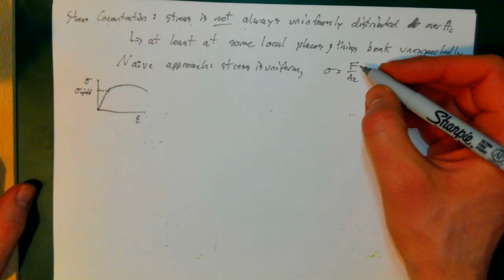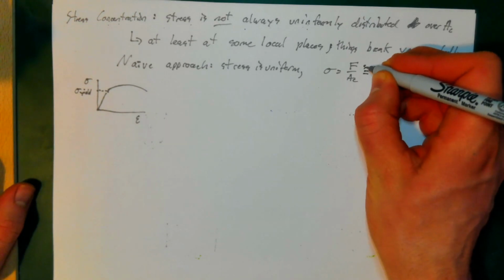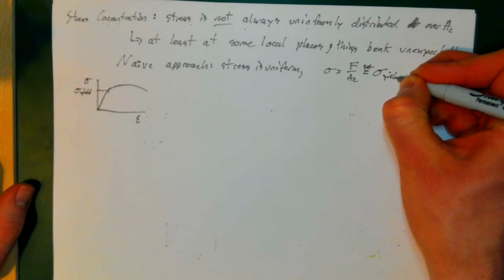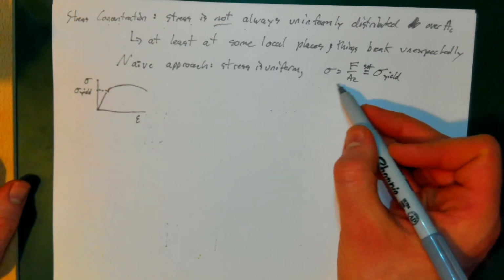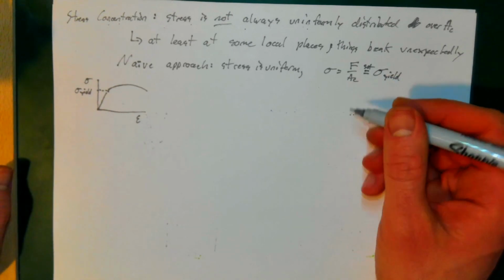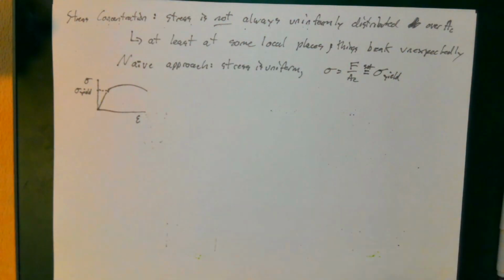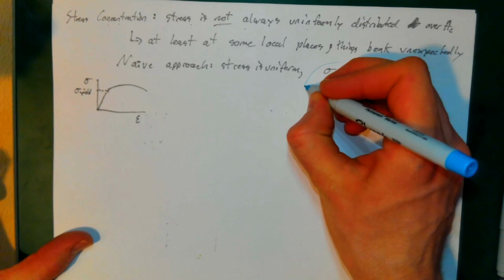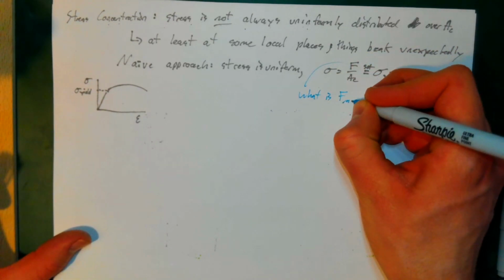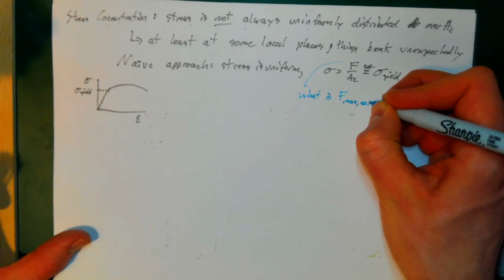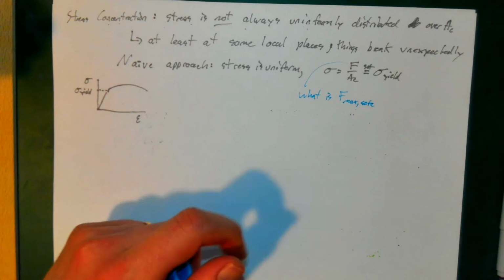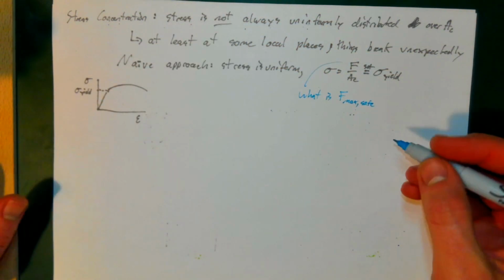We might say, hey, we're going to set whatever stress we want equal to our yield stress, and this, for example, would allow us to estimate the max safe force that our rope can support, that a rubber band can support, or something like that.